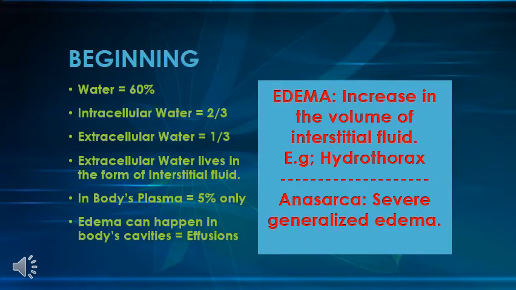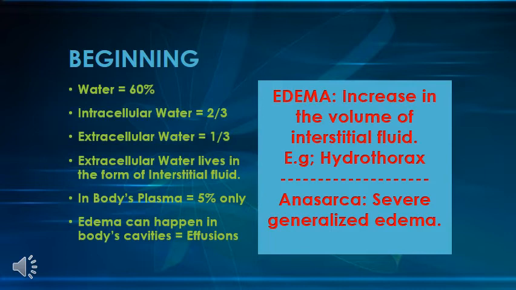So extracellular water lives in the form of interstitial fluid. If fluid is present between the cells, in interstitial spaces, then we can say this fluid is interstitial fluid. So from now on we will call it interstitial fluid.